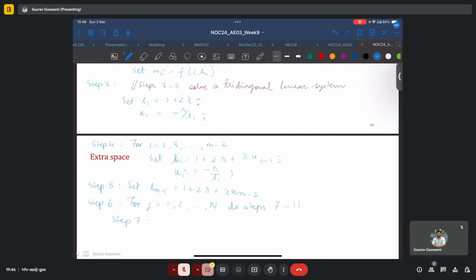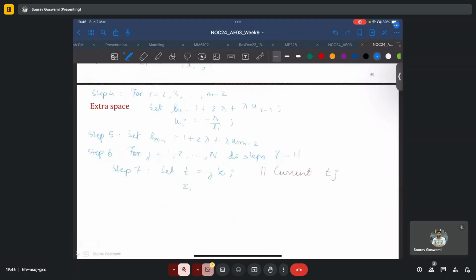Step 7, set t equals j times k, that is, we are at the current time step, just like previously i times h meant the current grid point, and z_1 equals w_1 by L_1.